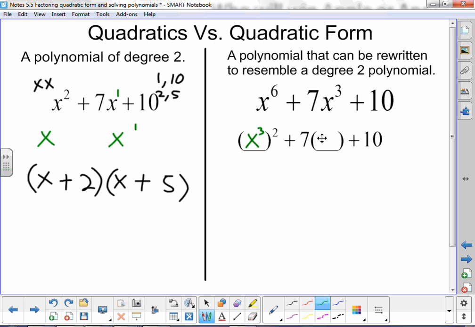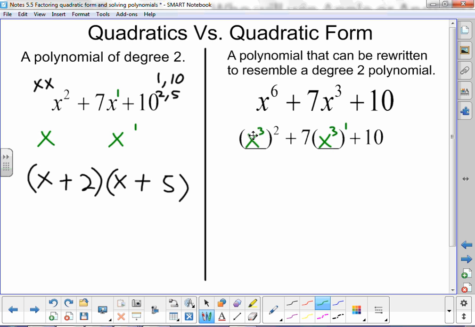Now the linear term: if you remember on this one, the linear term matched the squared term. Because this was x, that was x also. So this one we got x cubed, so this other one is going to be an x cubed also, which matches right above. And there you go, because that's x cubed to the first power.